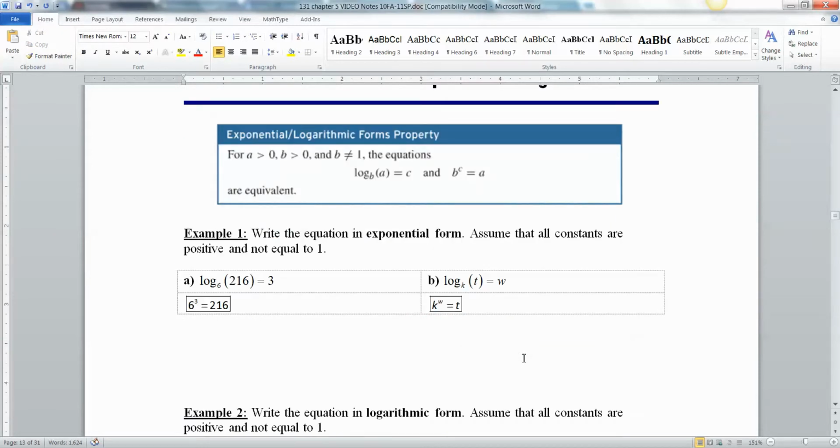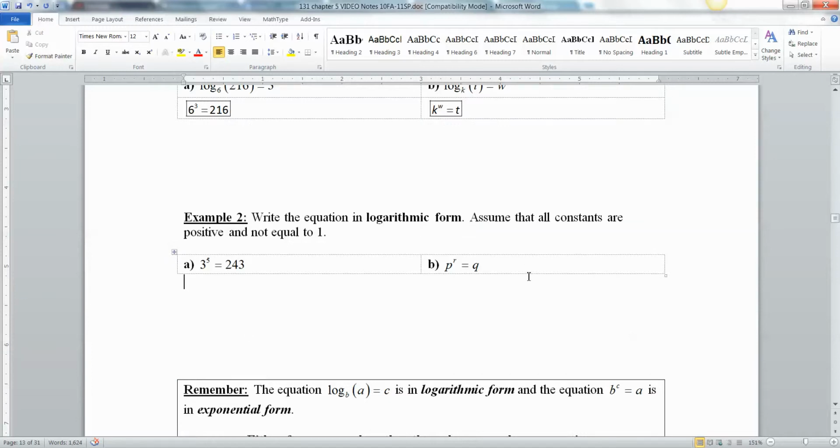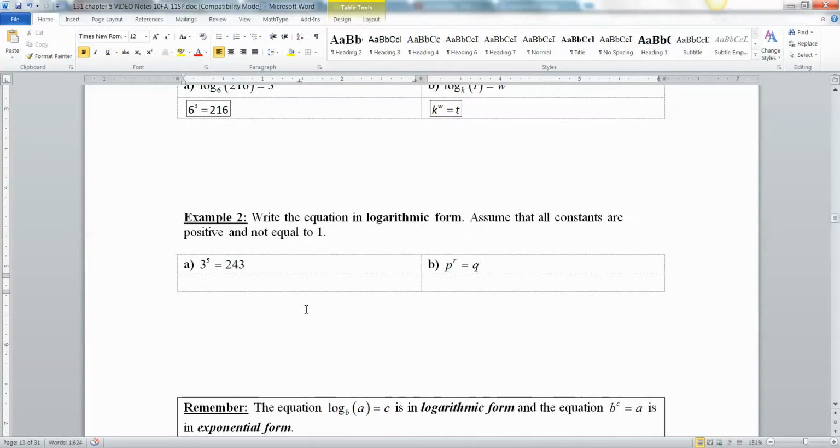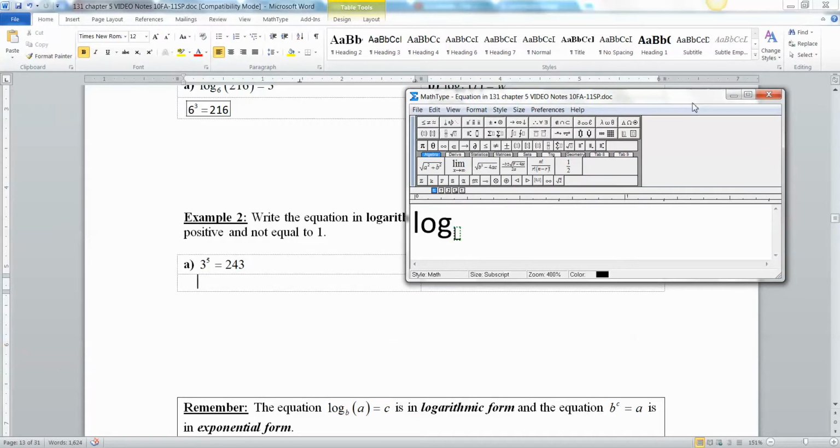All right, now we can reverse the operation. We can say, okay, if it was in exponential form, I could rewrite it in logarithmic form. So this is the log base, and the base of my exponent, which was 3, becomes the base of my logarithm of 243 equals 5.